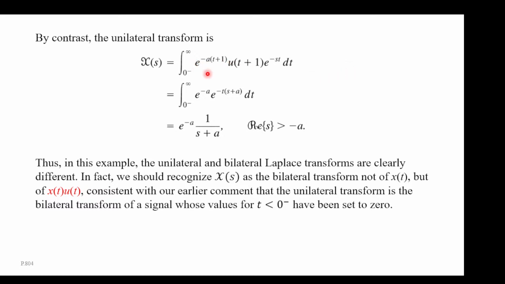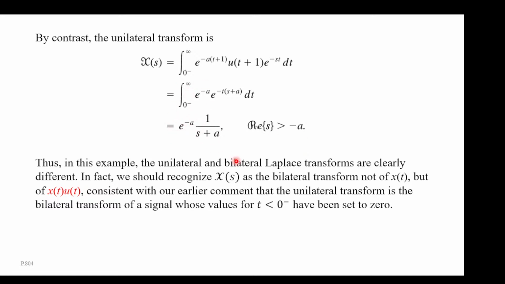Let's see carefully. You have e to the minus a times 1, so e to the minus a here, and u of t plus 1 doesn't do anything because it's already cut off by u of t. So you have e to the minus st times e to the minus at, so e to the minus t times (s plus a), dt. You do the integration: e to the minus a is just a constant.